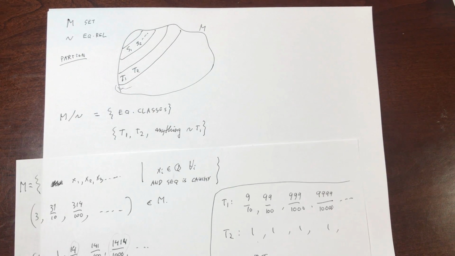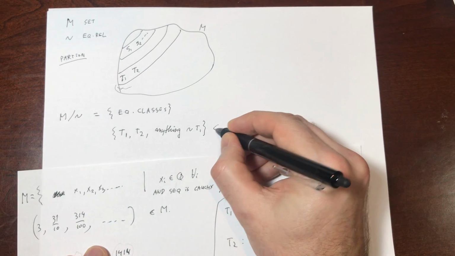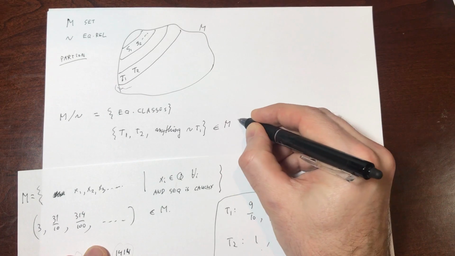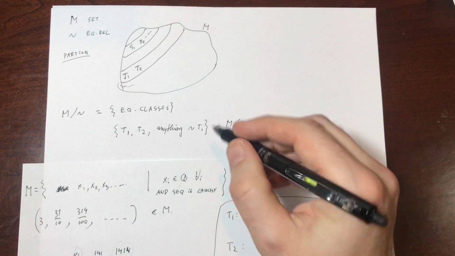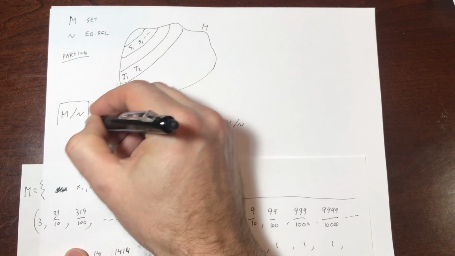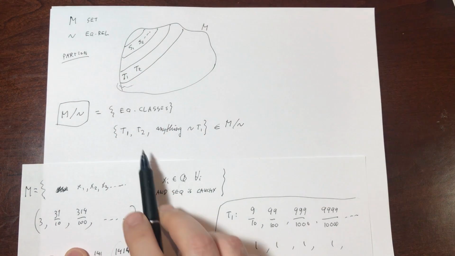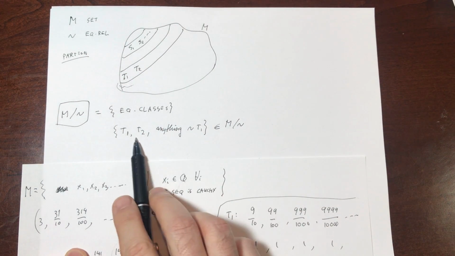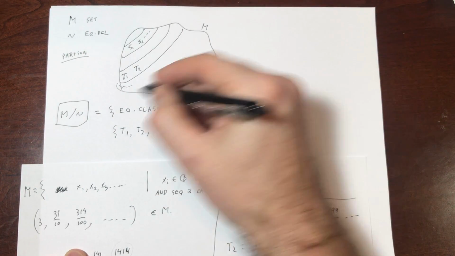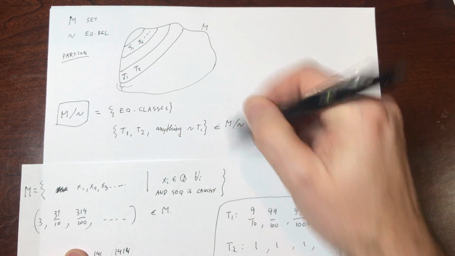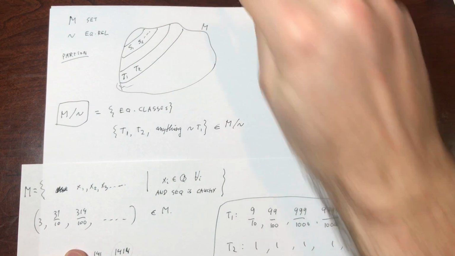And all those sequences combined is just one element of this. That's just because this notation refers to the set of all equivalence classes. So saying that this is in there is just saying that this is one equivalence class. So this equivalence class is this one right here.